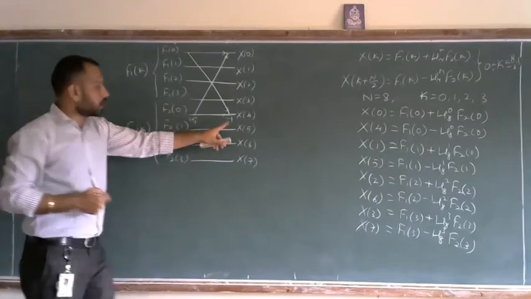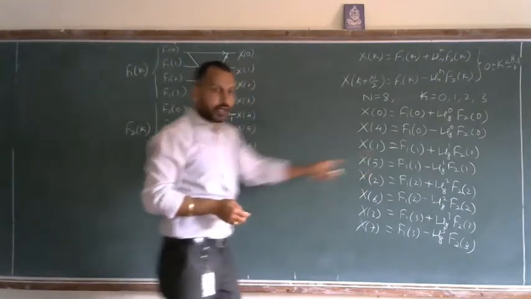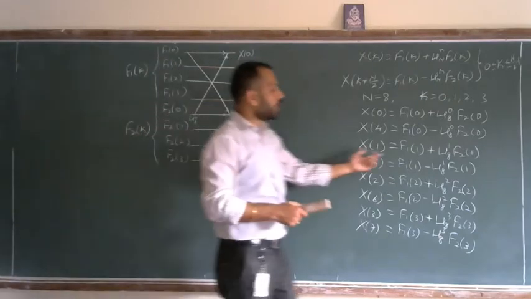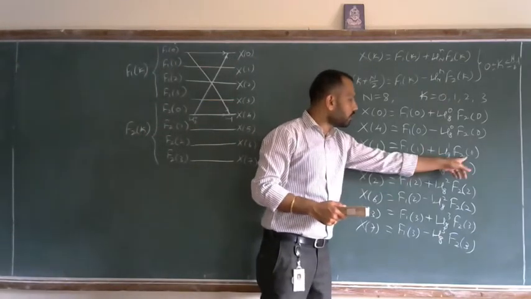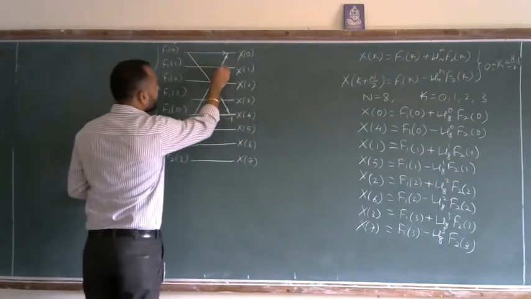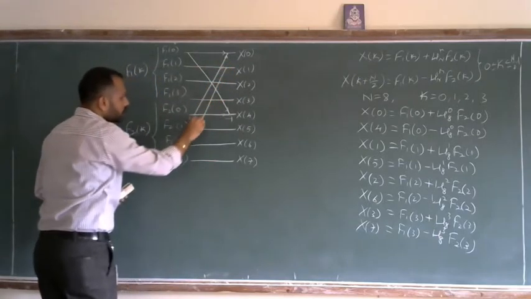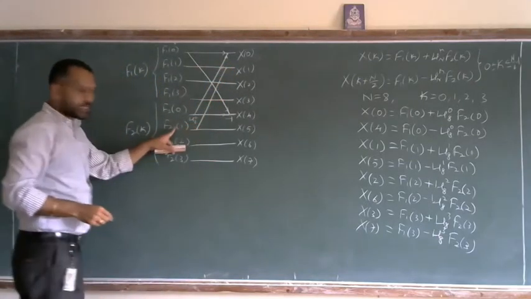Okay. From the next two equations, X of 1 is obtained by f1 of 1 and f2 of 1. Already f1 of 1 is established here, so we'll have to take f2 of 1, which is here.